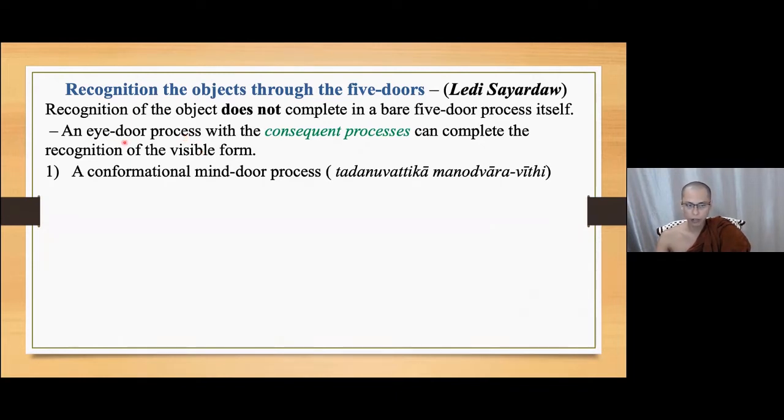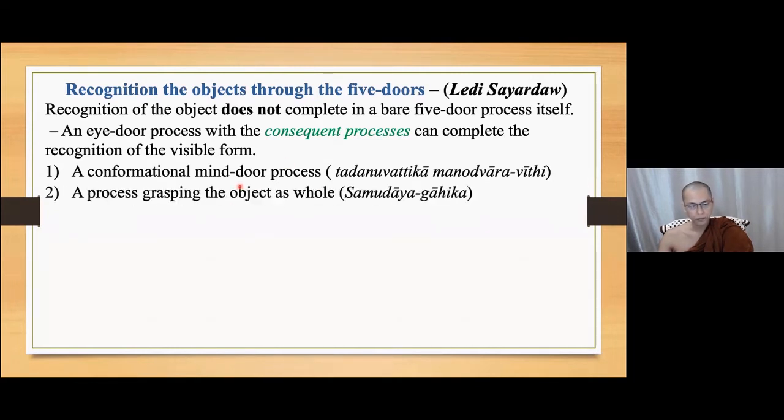So at the moment of the eye-door process, the present visible form is the object. And at the moment of the conformation mind-door process, the past visible form is the object. So now we understand the first consequent process of the eye-door process.